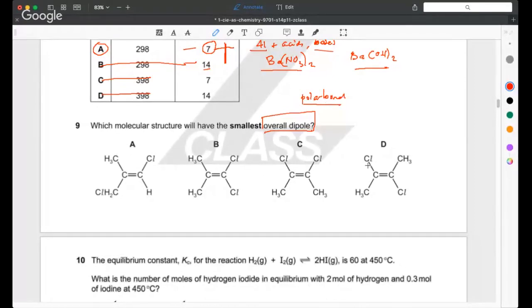And here, what we're focusing on is the electronegativity difference between carbon and chlorine atoms means that chlorine atoms will have a slightly negative charge and the carbon atoms will have a slightly positive charge. So these are polar bonds. We've got a polar bond there, another polar bond there. You can see these are the polar bonds in each of these molecules.